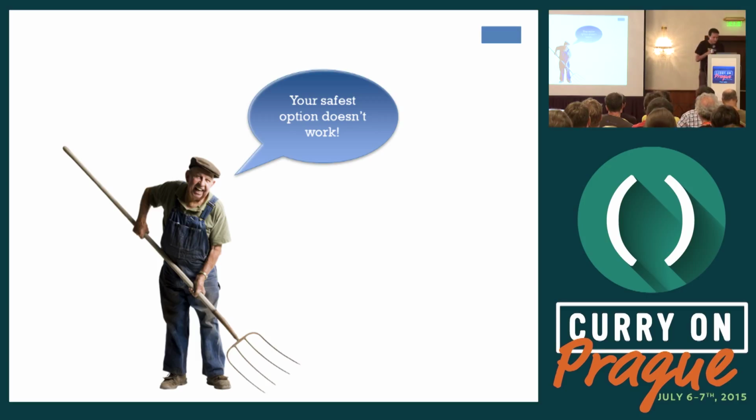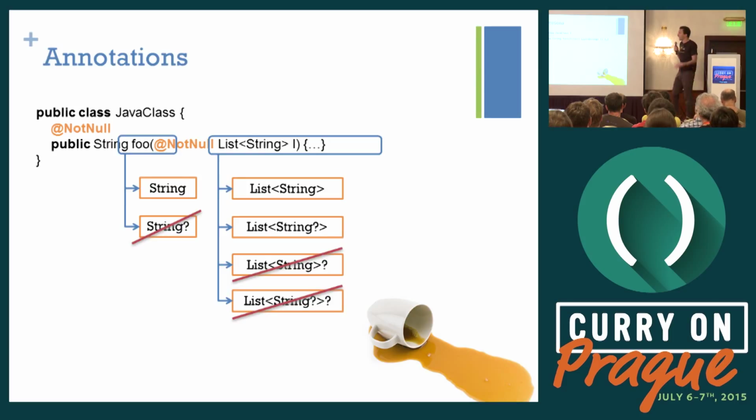That's it. So for quite some time, we tried to fight this with annotations. We tried to annotate Java code with not null here and there to get some type safety into the Java language. Those annotations help you rule out some of the cases. But again, Java before 8, I think Android, doesn't have type annotations.